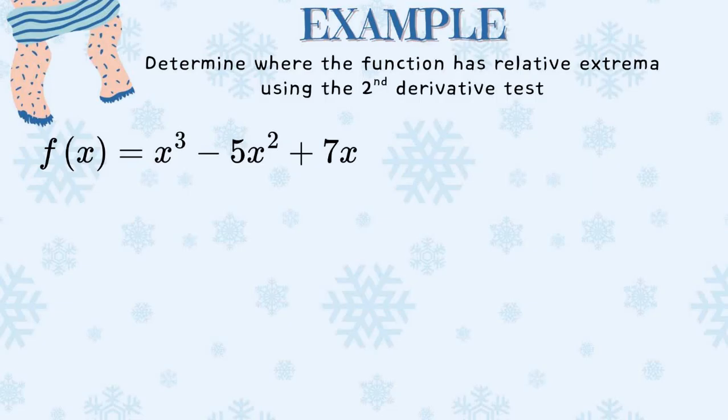But yes, going back to what you're saying, yes, f of x has to be twice differentiable. F of x is a polynomial. It's twice differentiable. However, I do need my critical points first. So I need to take my derivative first. What is our derivative? Okay, and I need to know where that equals zero. Cool.